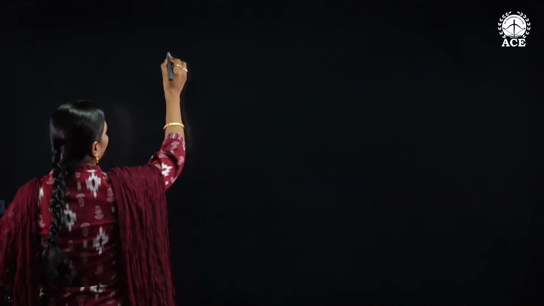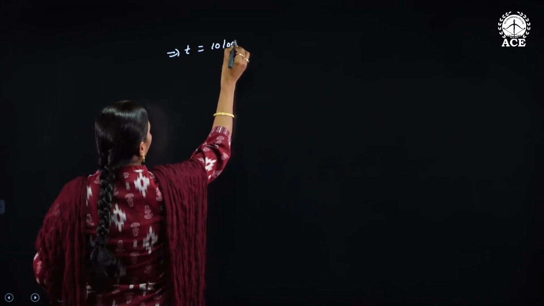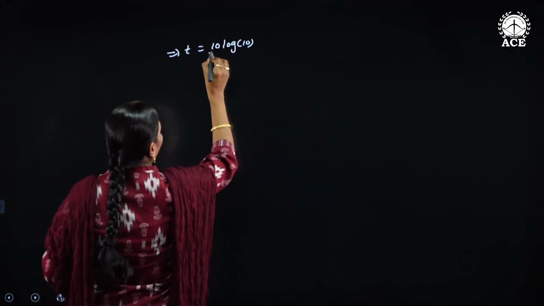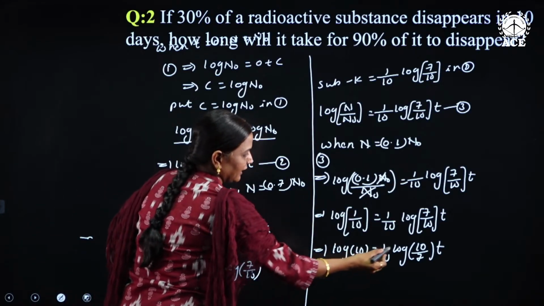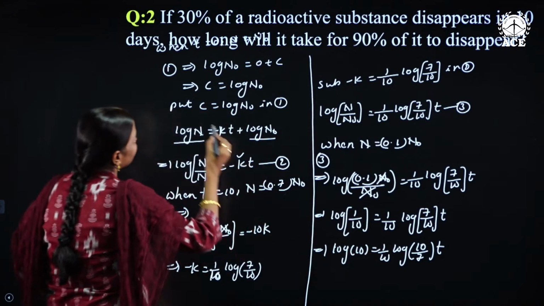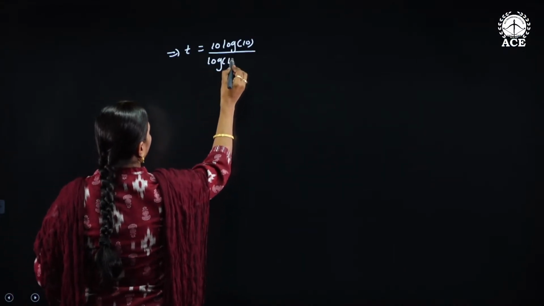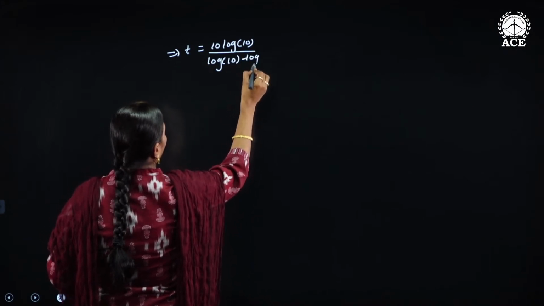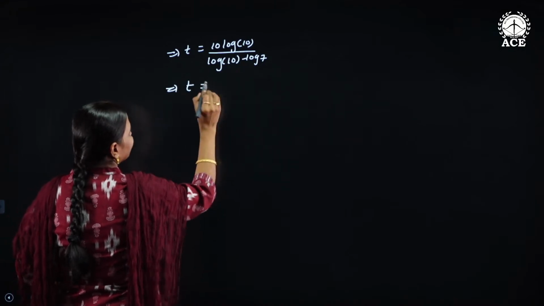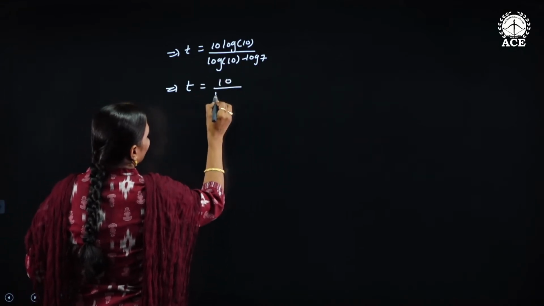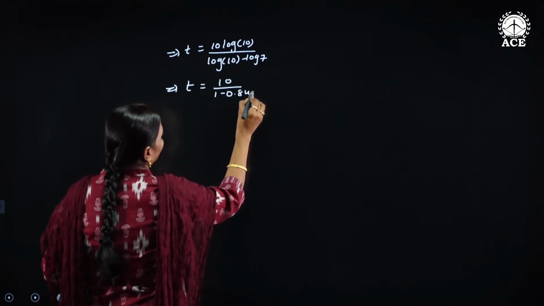So, how to write that equation for t? t is equal to 10 into log 10 by, how to write log of a by b? That is equal to log 10 minus log 7. So, this equation is t is equal to 10 by 1 minus log 7, where log 10 is 1, and 1 minus log 7 is 0.845.